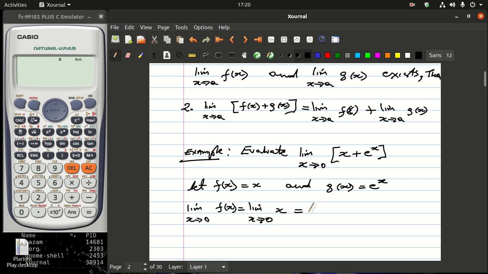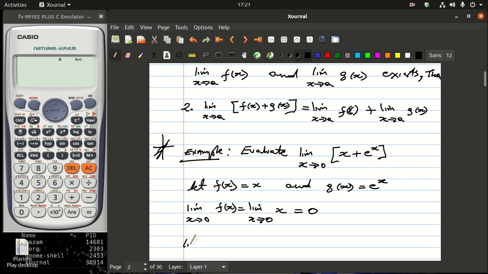If I pick a value so close to 0 on the right and plug it there, because this is a straight line passing through the origin, as I keep going closer to 0, this function is getting closer and closer to 0, so this is supposed to be a 0.